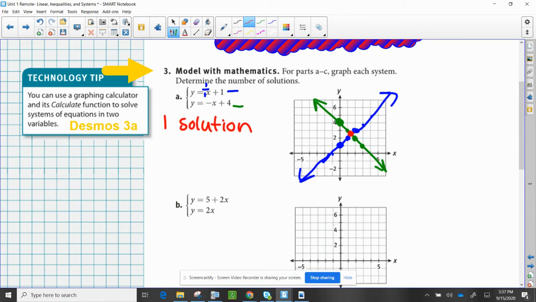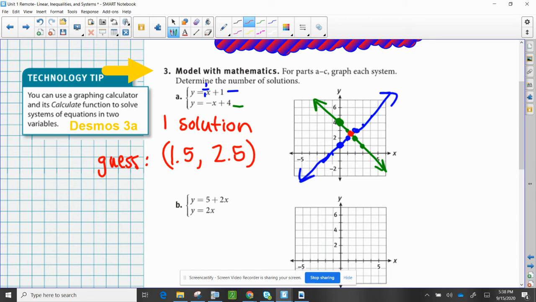Because these lines didn't cross at a nice spot, I can take my best guess where I think they cross, but I don't actually know for sure just based off this picture. Let's say it looks like maybe 1.5, and the y looks like maybe it crosses at 2.5. That's just my best guess, because it didn't cross at a nice spot.